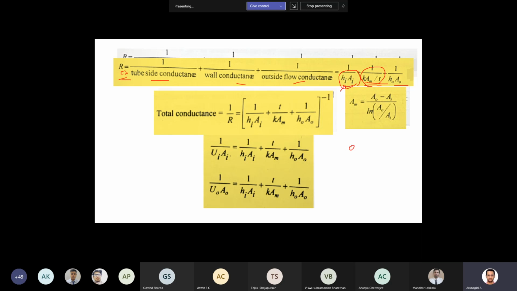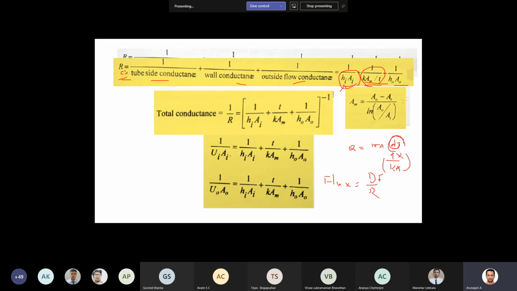So you can express Q in Fourier's law of heat conduction as Q is equal to kA dT by dx. This is your driving force, and dx by kA is your resistance. This is your flux. That is the general definition, right?